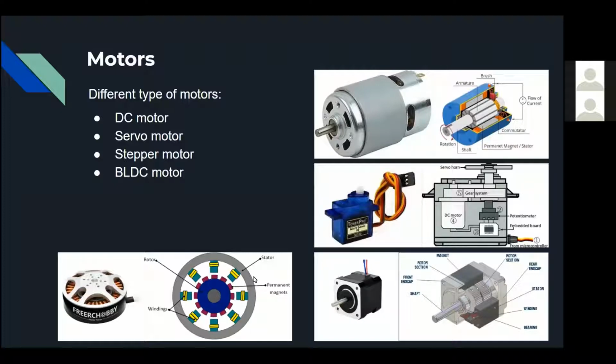Whereas in a BLDC motor, the permanent magnet is the rotor, the rotating shaft, which is surrounded by the stator windings. Like the armature coil you see here, those structures will be fixed in the body, whereas the magnet, which is fixed in DC motors, will be placed on the rotating shaft. Here, due to the change of current applied to the windings, your motor starts rotating due to the change in flux generated in the system.